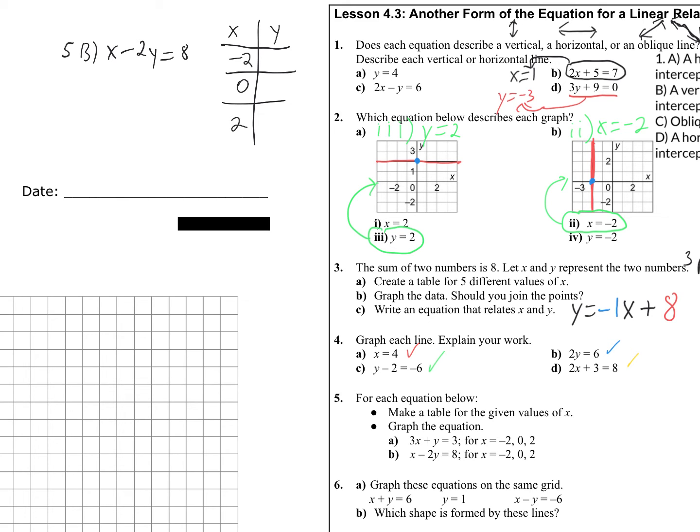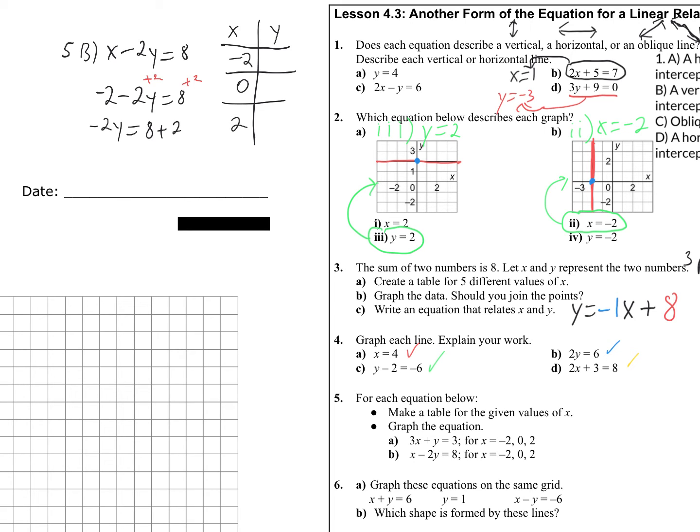So if I replace x with a negative 2, negative 2 take away 2y equals 8. If I want to get rid of that negative 2, I need to add 2 to this side. I have to do that to this side as well. So I'm left with negative 2y equals 8 plus 2.